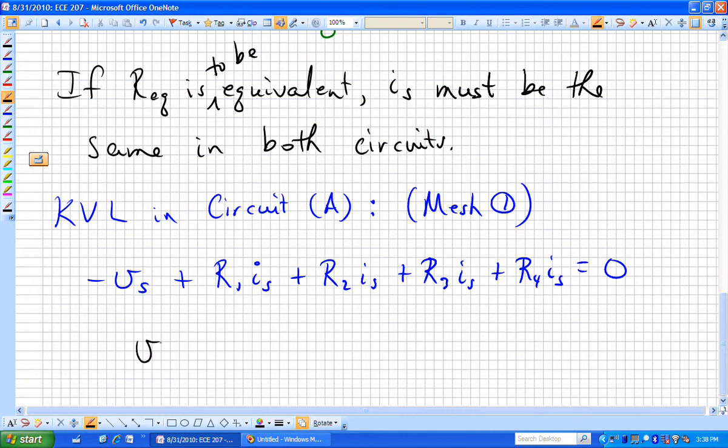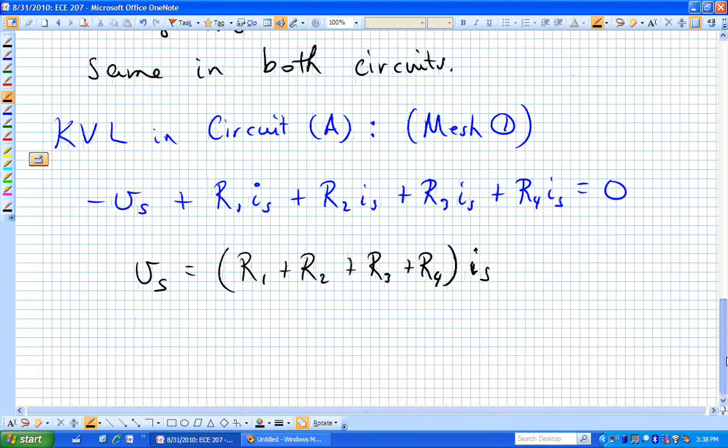Or we could write that as V sub s, moving V sub s to the other side, and rewriting it with V sub s on the left. V sub s becomes equal to, and let me factor out the common variable, the sum of those resistors all multiplied by the current going through those resistors.